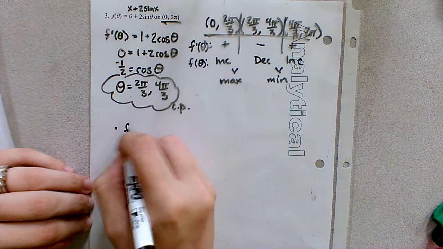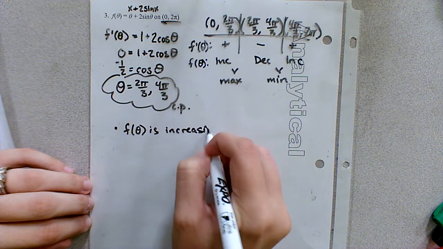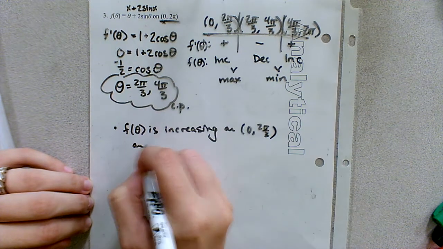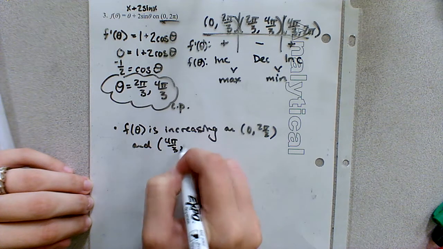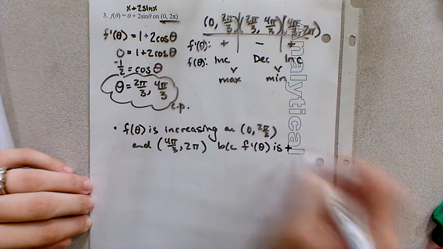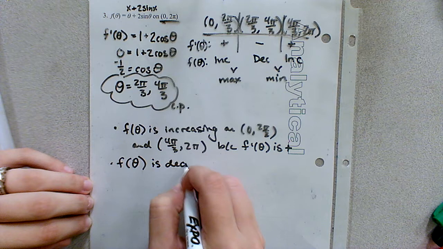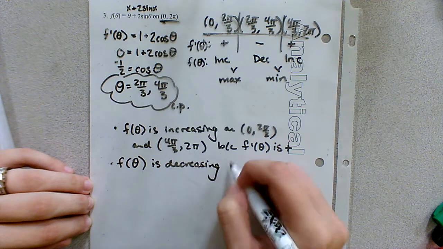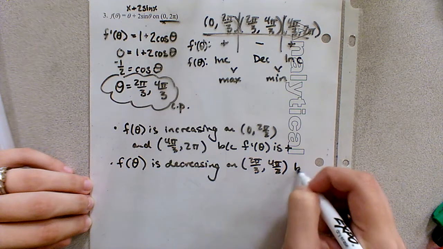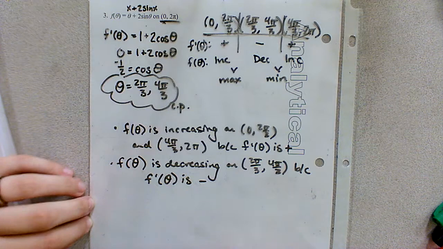Let's go ahead and write our justifications. So f of theta is increasing on 0 to 2 pi over 3 and 4 pi over 3 to 2 pi because the derivative is positive. And similarly, f of theta is decreasing on 2 pi over 3 to 4 pi over 3 because the derivative is negative.